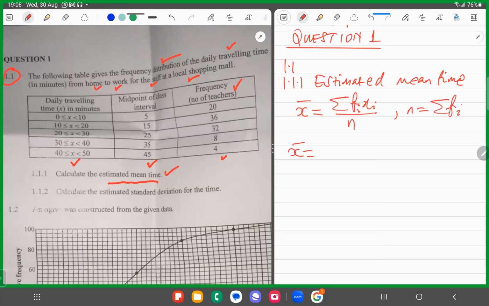Now, we do it together. You need to focus on the class midpoints and the frequencies, and you multiply everything.